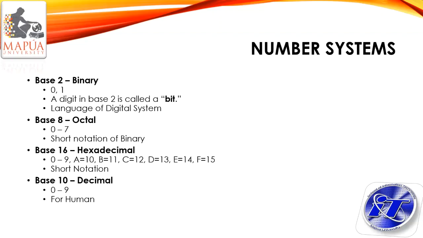While base 8, another term, is octal, from 0 to 7. And it is used for short notation of binary. Later, you're going to determine why it is considered a short notation of binary. It will be discussed when we discuss the conversion. So how about base 16?